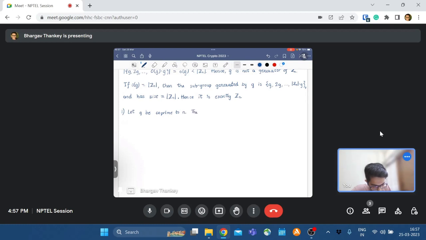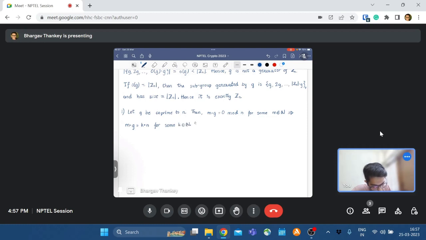Then m times g equal to 0 mod n implies that m times g equals k times n for some k in the naturals, right?